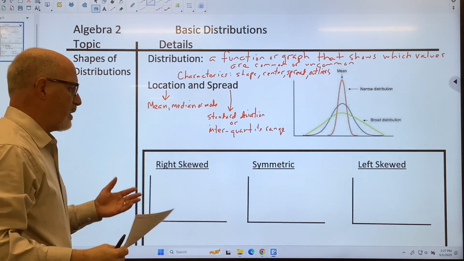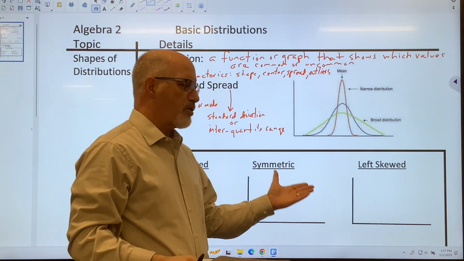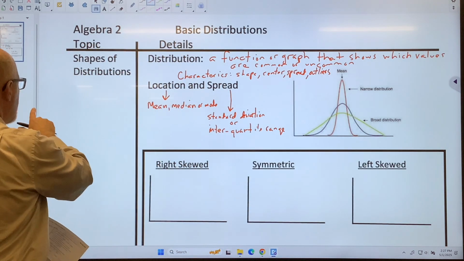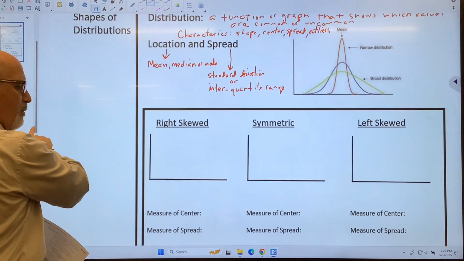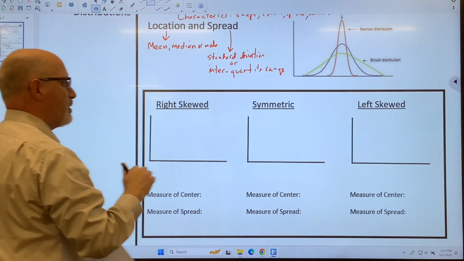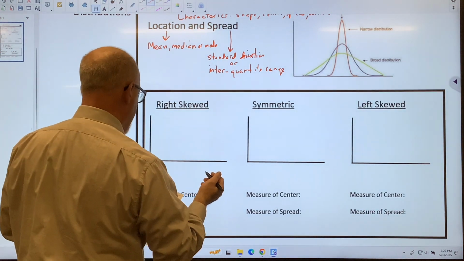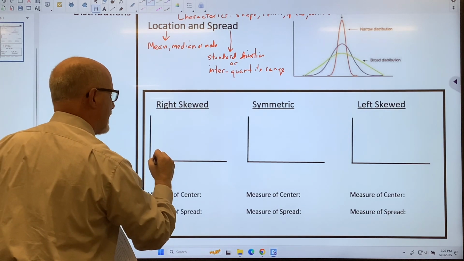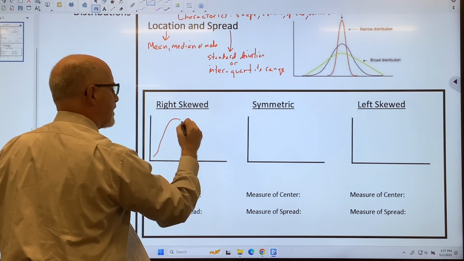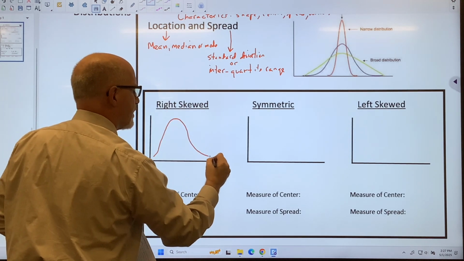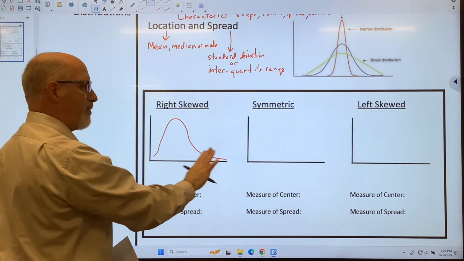All right, so we're going to look at skewed data and symmetric data. With skewed data, you'll see that it will have a tail to it. For instance, a right skewed distribution has a right tail on it. So it tends to have a tail out here.